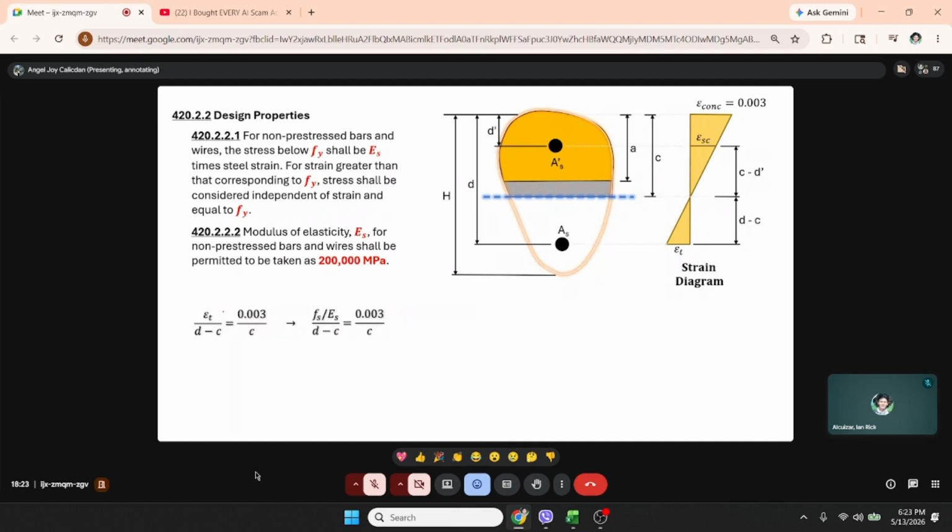And from E is stress over strain, rearranging, strain is stress over modulus of elasticity, and we substitute it here. And solving for fs, you will get 600 times d minus c over c. So, it is simplified.